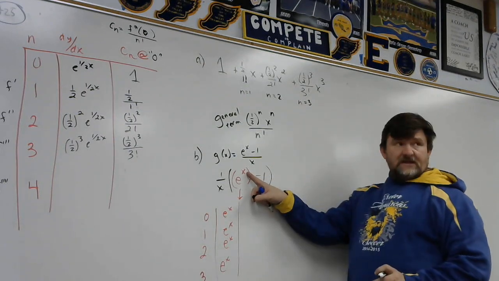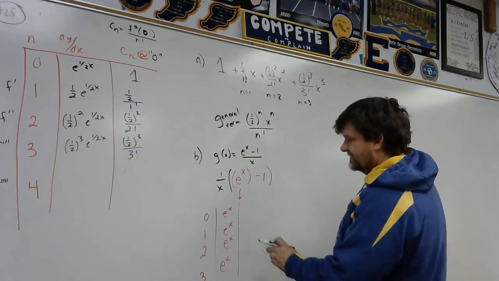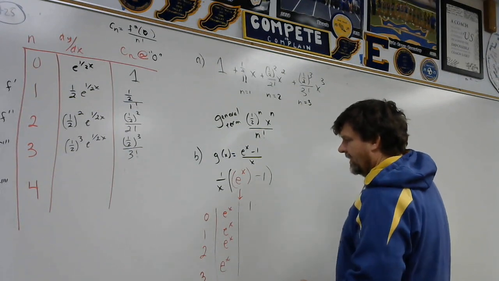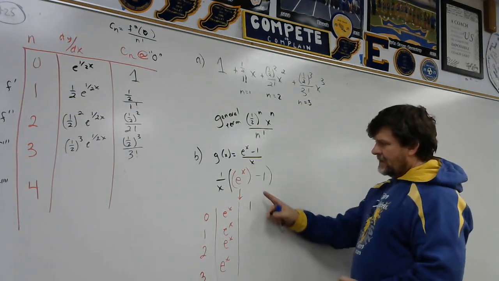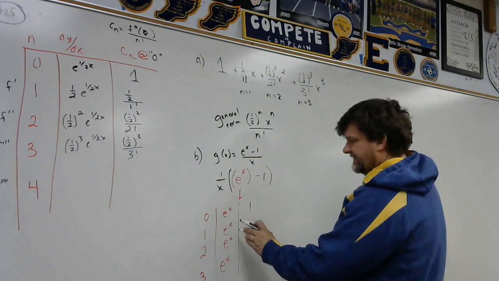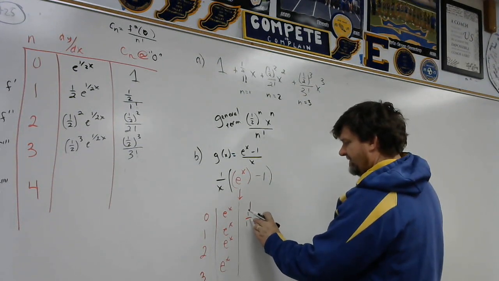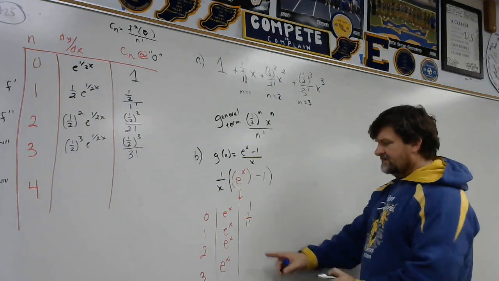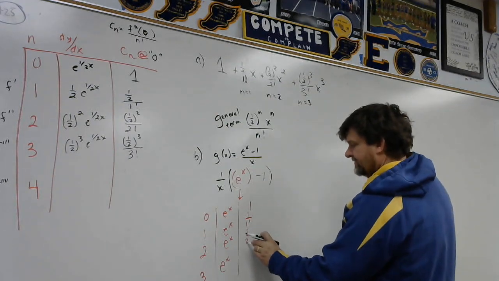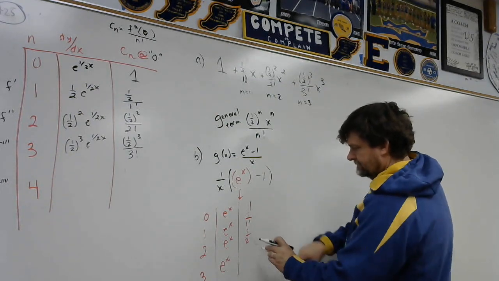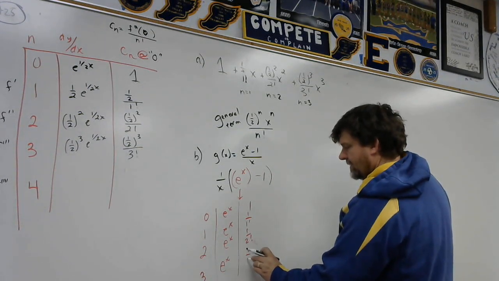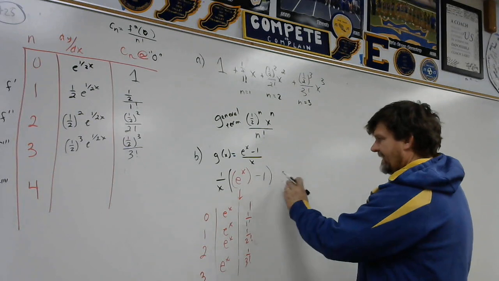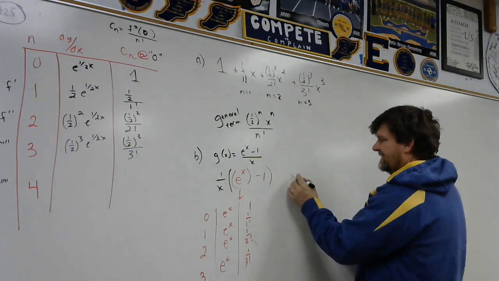This is not shifting anywhere here. So I've got e to the x at 0, so that one's 1. E to the x at 0 here is going to be 1 over 1 factorial. This one's going to be 1 over 2 factorial. And this one's going to be 1 over 3 factorial. So if I clean this up, I still have this. I got 1 over x.